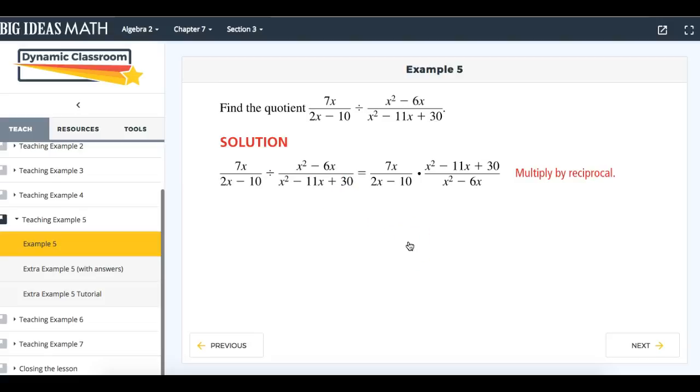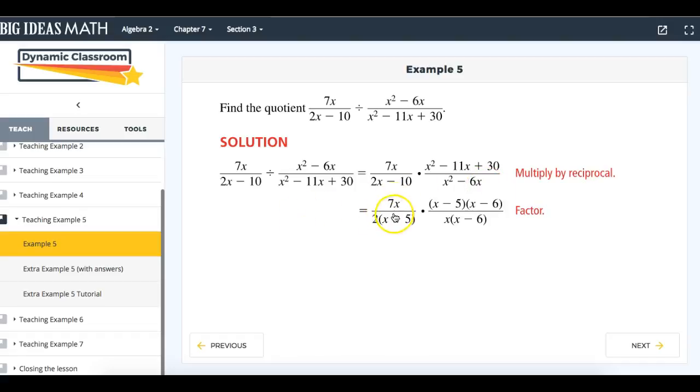We copy our first fraction, we dot, which means multiplication, then we flip. So x squared minus 11x plus 30 goes on top, x squared minus 6x goes on bottom. Now we have our multiplication problem. Now all the steps are exactly the same. All you do is factor each numerator and each denominator.